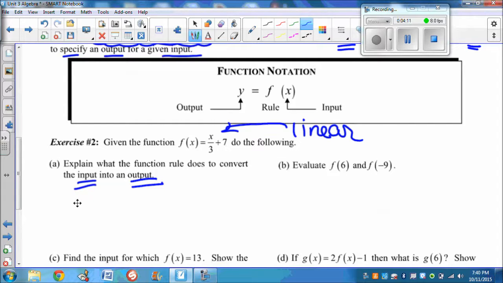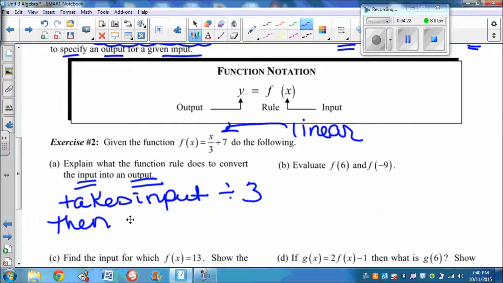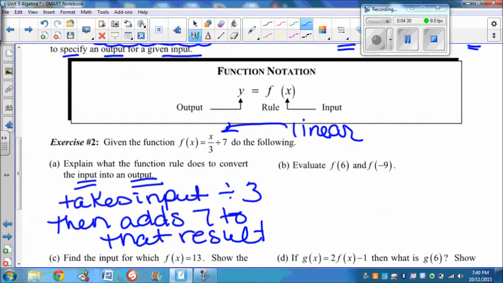It takes the input and it divides it by 3 first, then adds 7 to that result. And then it says evaluate f of 6 and f of negative 9.